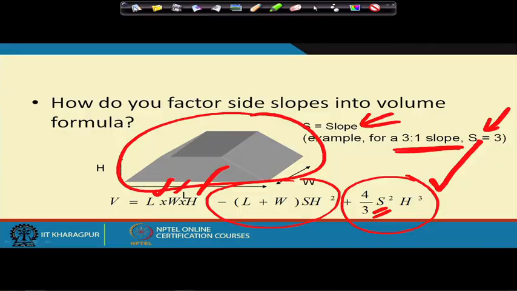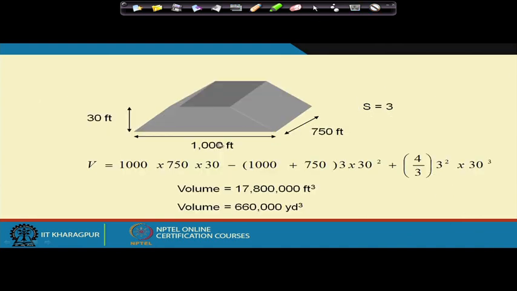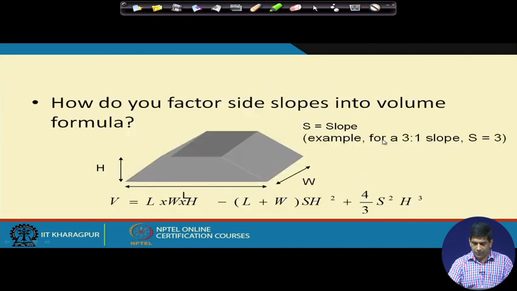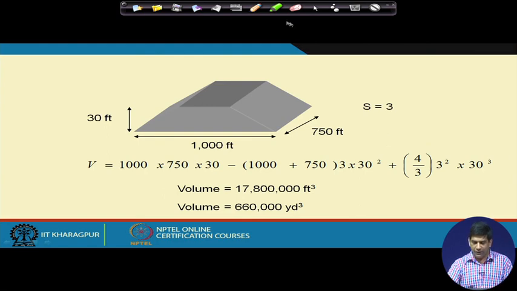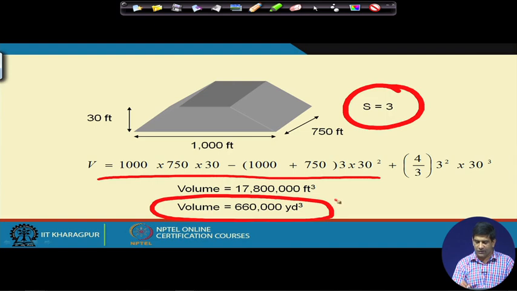Now using that information, if we do this calculation again, here we had 1000 feet length, 750 feet wide, and 30 feet high, with the slope S of 3. If we plug those numbers in here, we get a volume of 660,000 cubic yards.